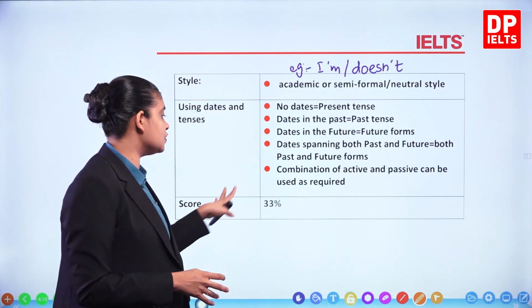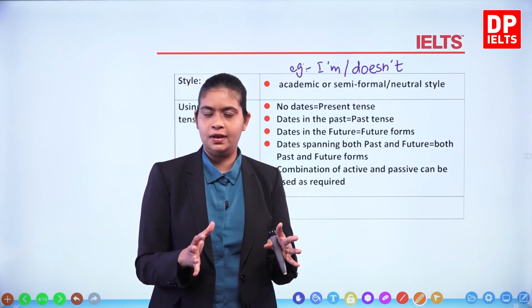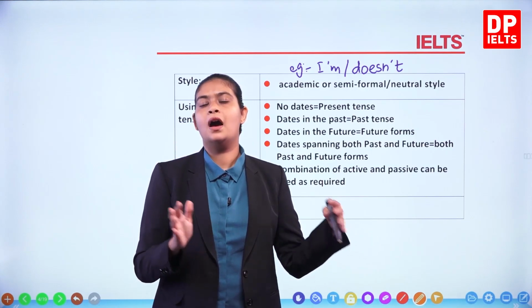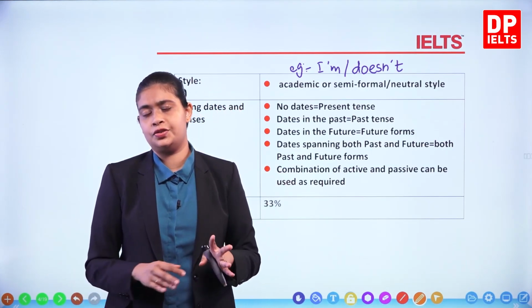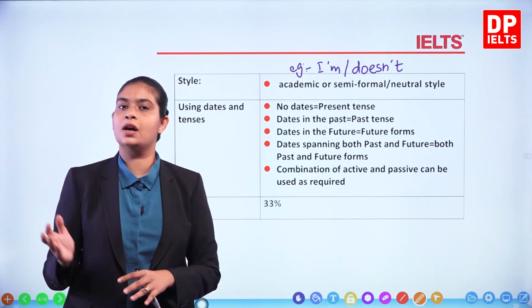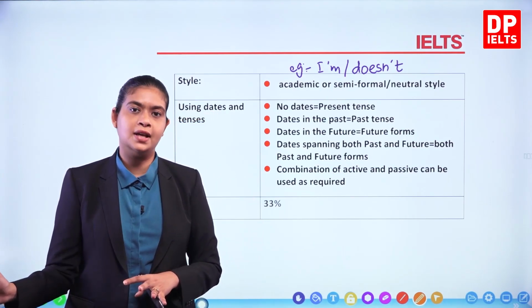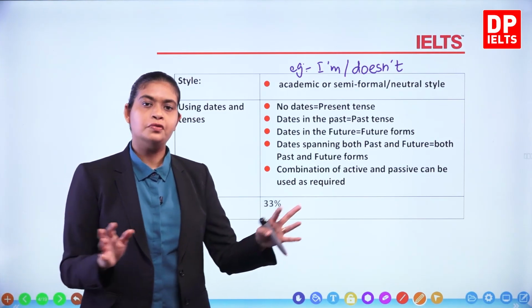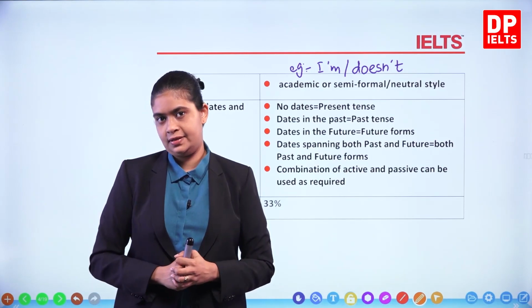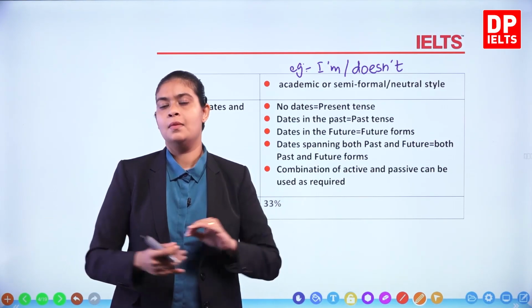Now, looking at the score out of 100, okay, this has 20 minutes. It's nearly half of the time that you get for your task 2. Task 2, you get 40 minutes. So, the marks are also somewhat doubled for task 2. For task 1, it's roughly around 33% of your entire marking score.